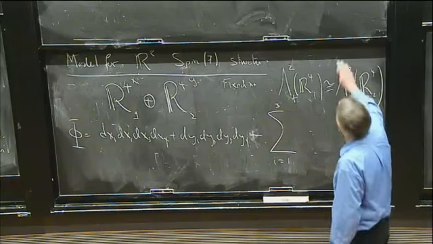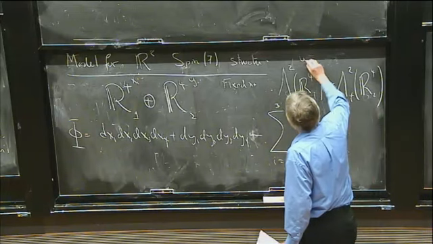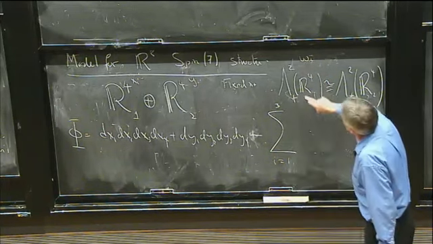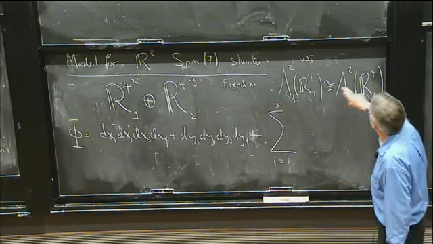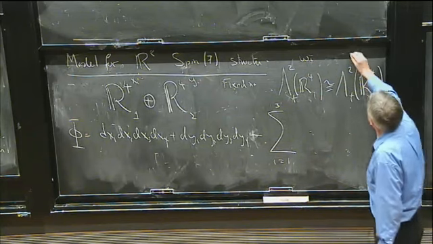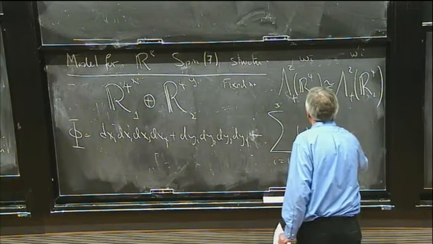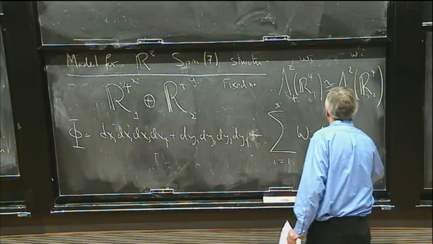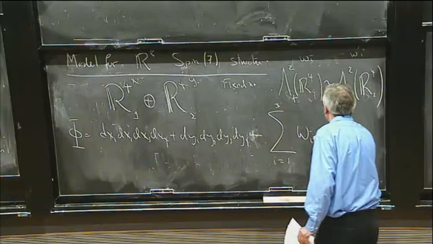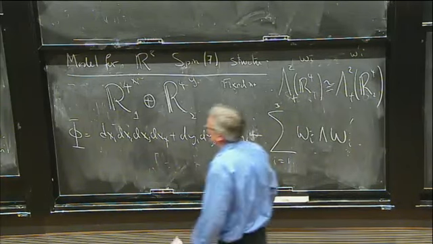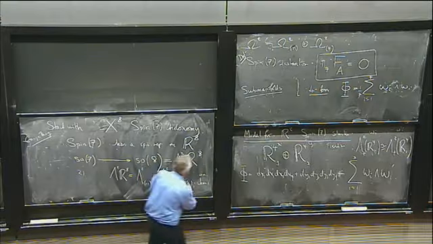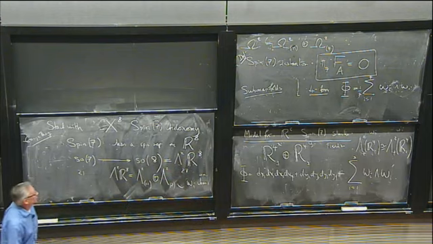So let's take a basis now, omega I, one standard orthonormal basis in this space, and the corresponding basis, say, omega primed I here, and take omega I wedge omega primed I. These are not very good notation, because this is different from the omegas I was talking about before.